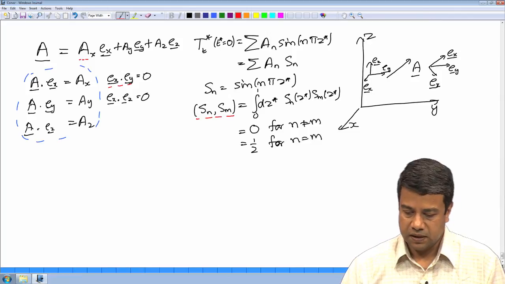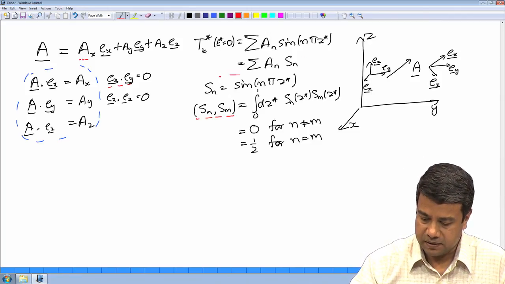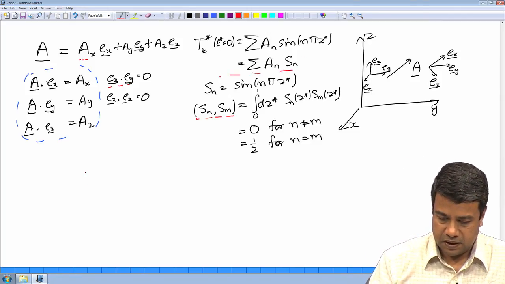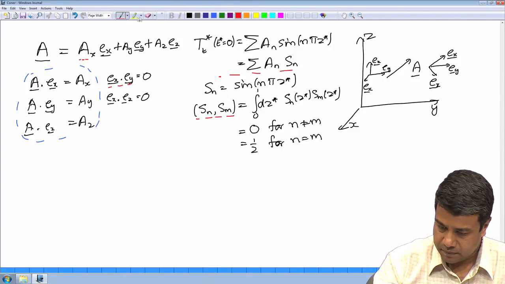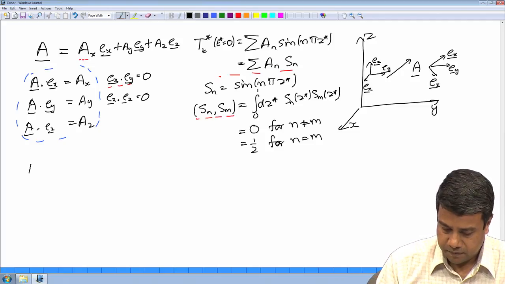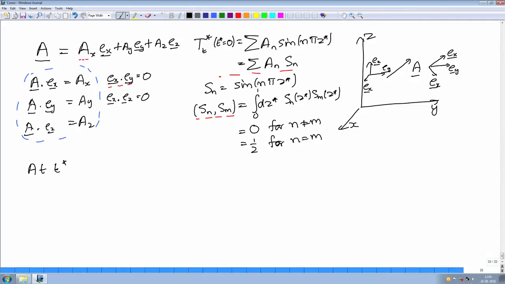Since the product of two functions is equal to 0 if n is not equal to m, I can quite easily invert this equation here. I know that at t star equal to 0, summation a n S n is equal to minus of 1 minus z star.